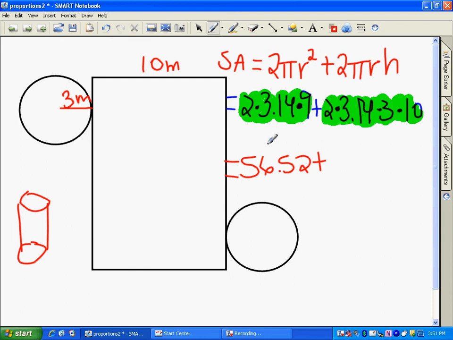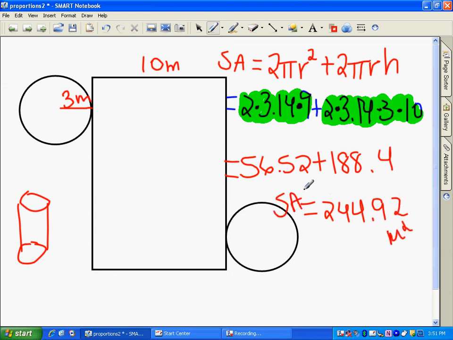I guess it is. Okay, so plus 188.4. And I add them together, and I get 244.92, and it is square meters. So that surface area is 244.92 square meters.